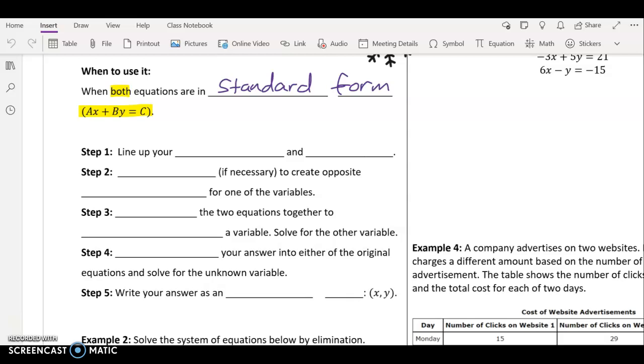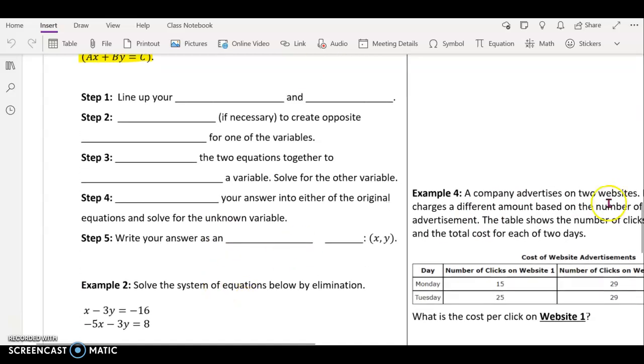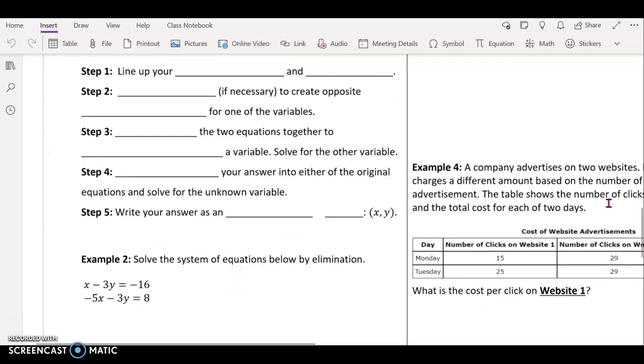So the first thing you're going to do when you're solving is to make sure that everything lines up. So line up your variables and constants.